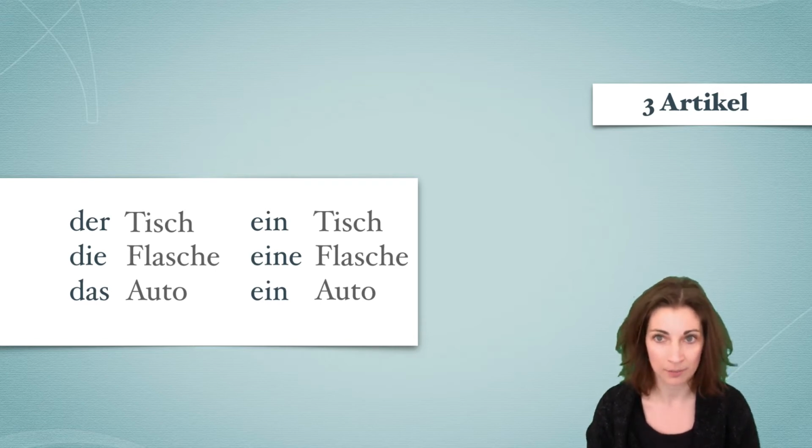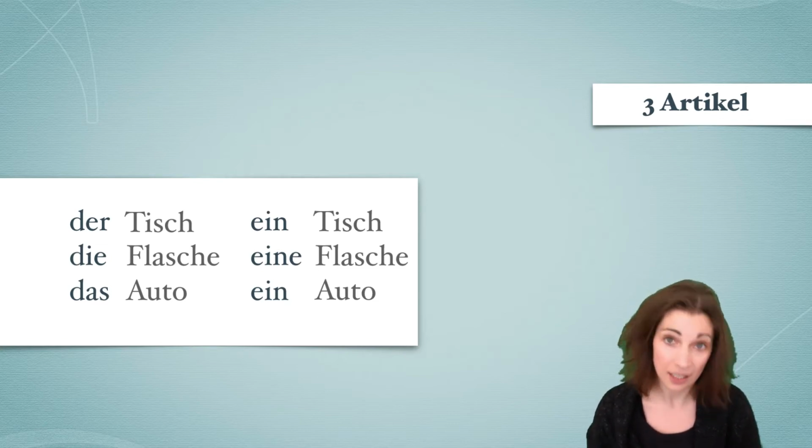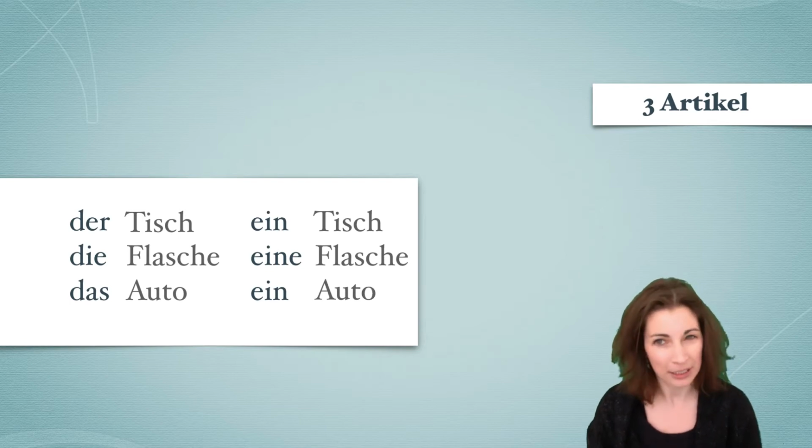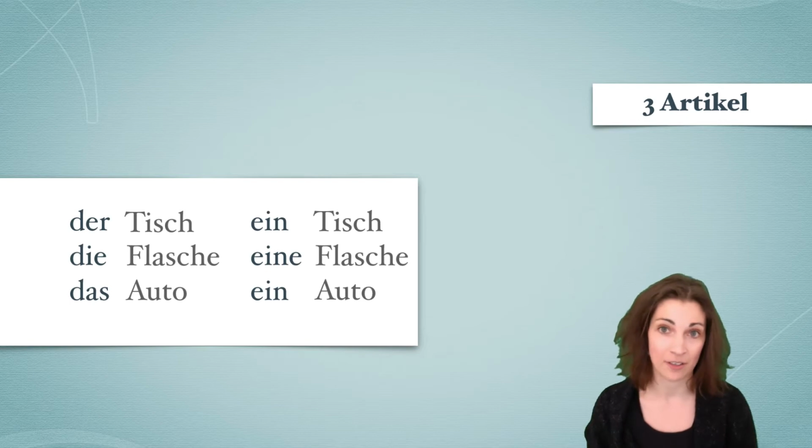Of course, please bear in mind, one of our article rules we already had in class is that any word ending with an E in about 99% of the cases carries a feminine article, die Flasche, ending in E. So der Tisch, the table, die Flasche, the bottle, das Auto, the car. And of course, again, we have our indefinite articles, ein Tisch, eine Flasche, ein Auto.